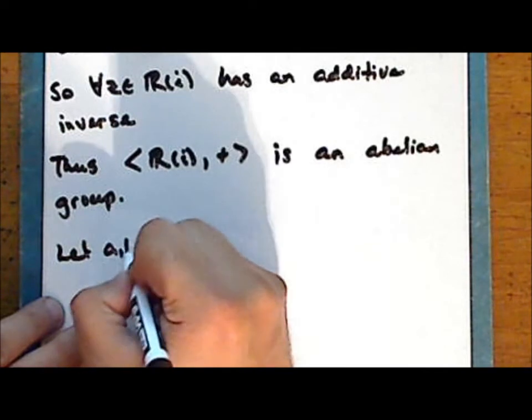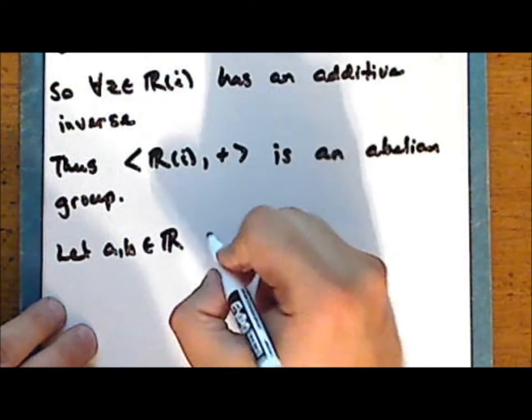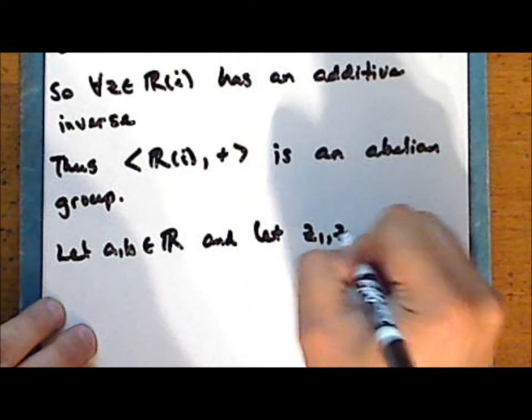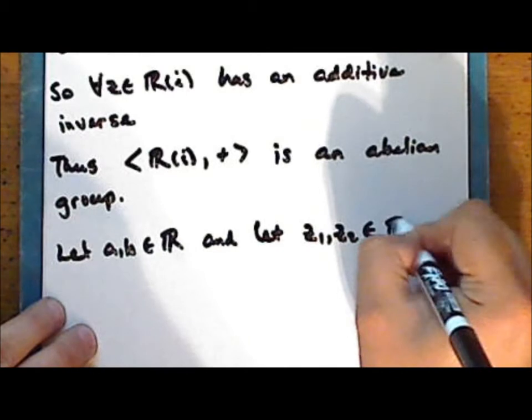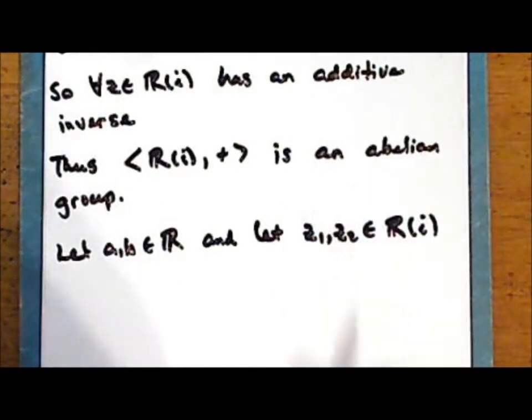So let A and B be elements in the underlying field of real numbers, and let z sub 1 and z sub 2 be elements in the set of vectors.